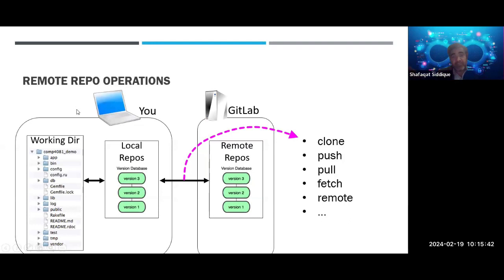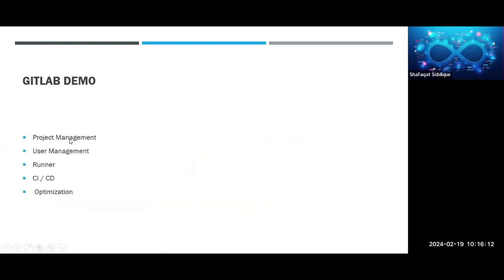Here, remote repo operations: how many operations can we perform on the remote repo? We can perform clone, push, pull, fetch, remote, stash, and many other actions using Git over GitLab.